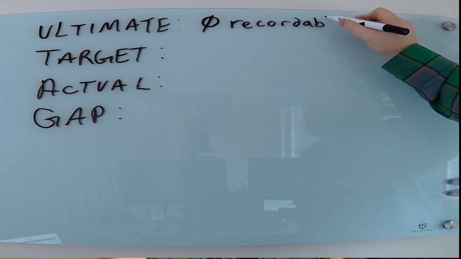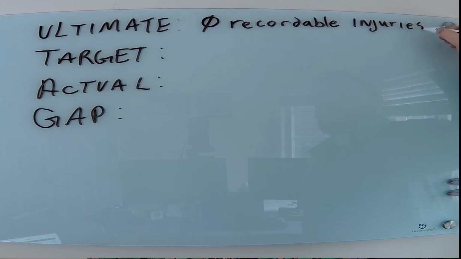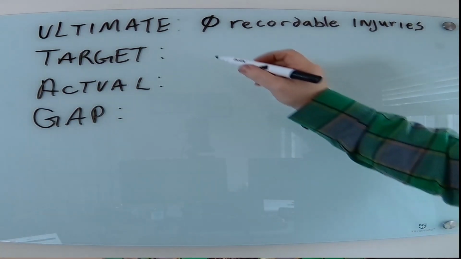And let's say historically we have 90 injuries every single year. We wouldn't want to go right to zero. That would be too far out there. Maybe it's set up to be that way. Maybe the environment is such that we can achieve zero. But to keep people focused, we want to have attainable goals. So let's say our target performance would be 60 recordable injuries.